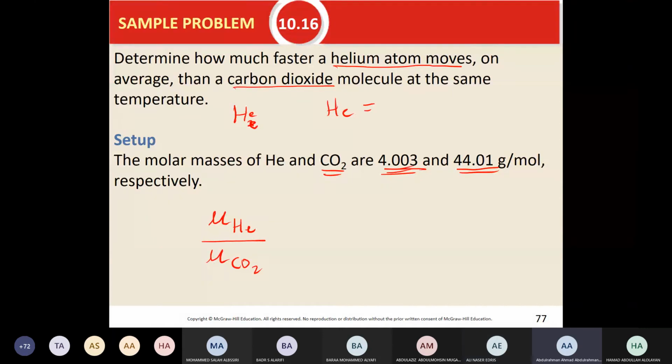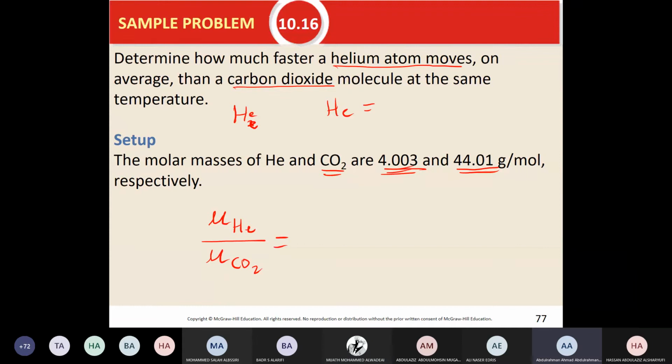Why greater? Because the speed of helium is greater than the speed of CO2. So the answer should be greater than 1.